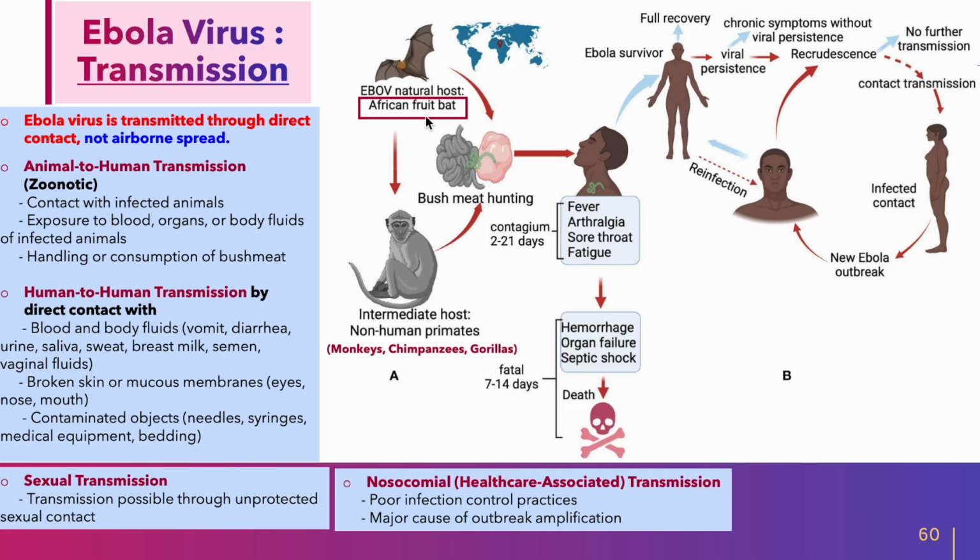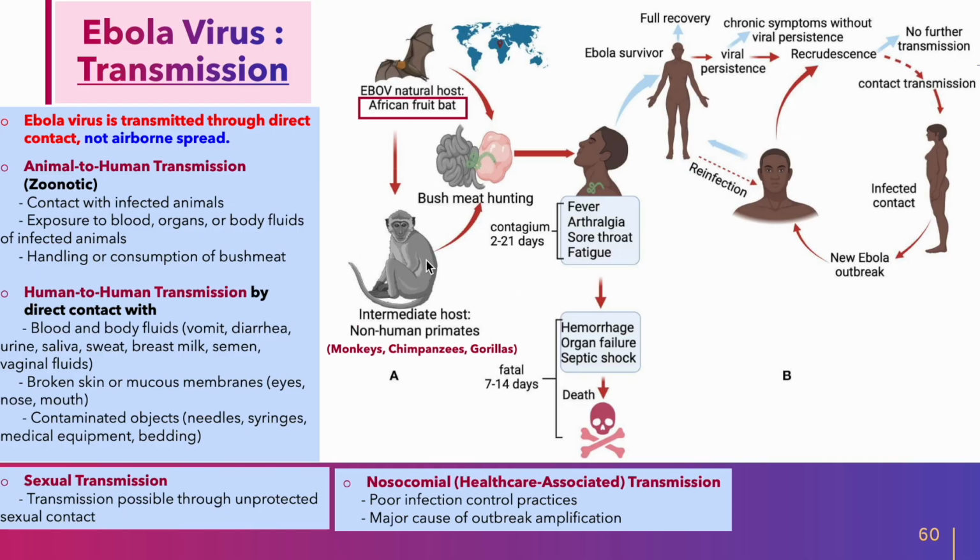Like banana. This bat bites the banana, eats the banana, so some saliva or fluids are left on the banana, and the intermediate host, like non-human primates such as monkey, chimpanzee, gorilla, eats it.